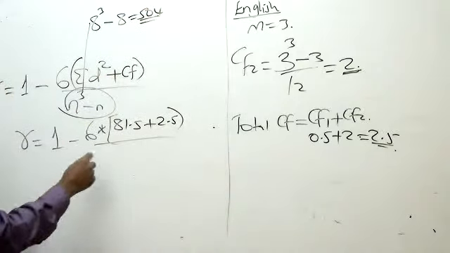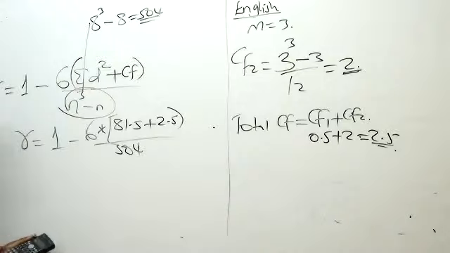So come and divide this with 504. So then what do we have at the end of the day? It will be 1 minus 6 times, open brackets, 81.5 plus the correctional factor, close, divided by 504. The calculator has a problem.